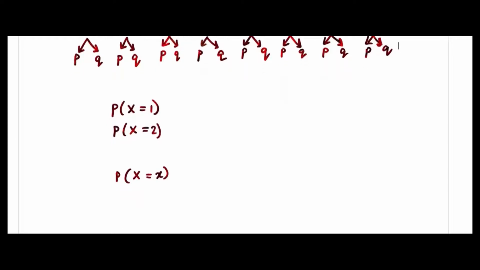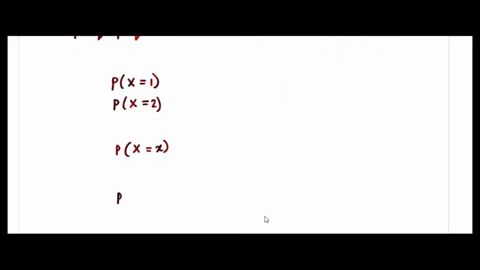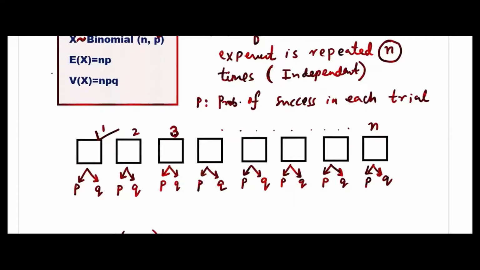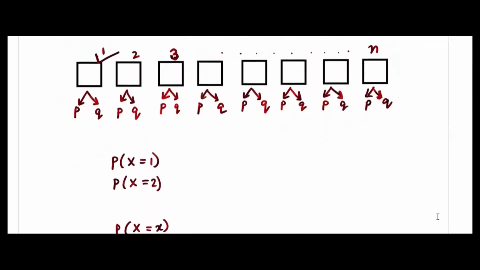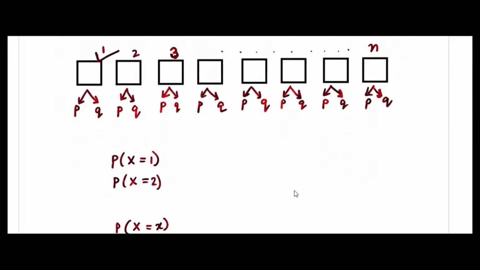If you want the probability of getting n successes, all successes, you can write n out of n. If you want, I can make it 4 or 5 so that you will be able to count. So what is the probability that you will get one success? This is general n.